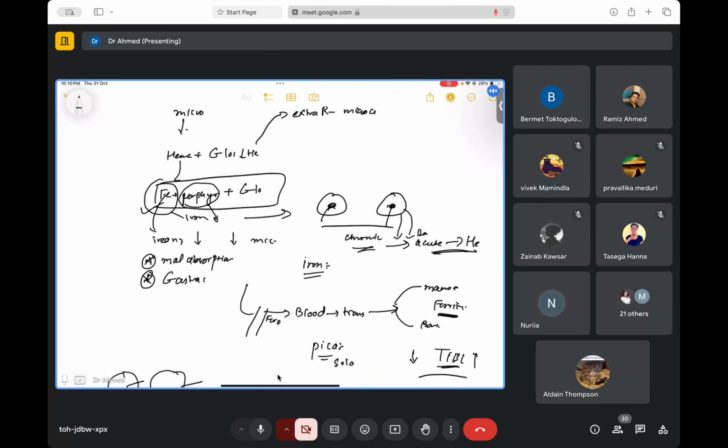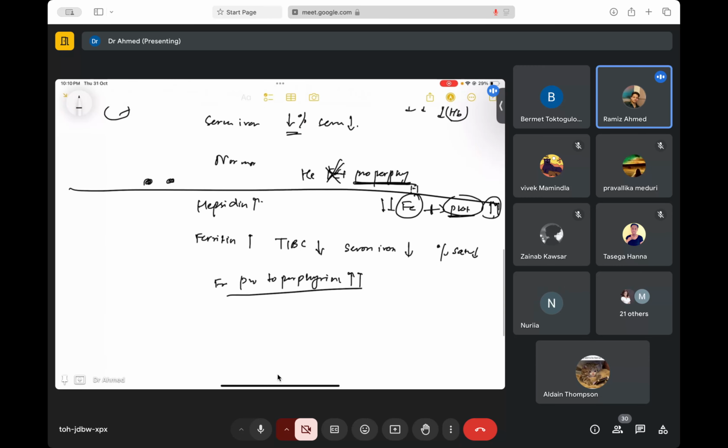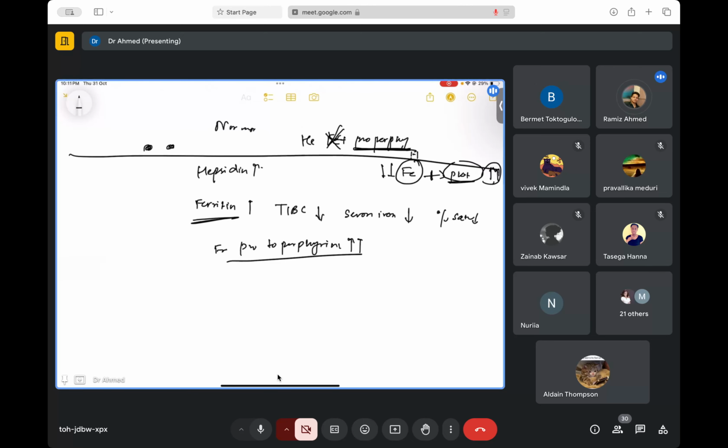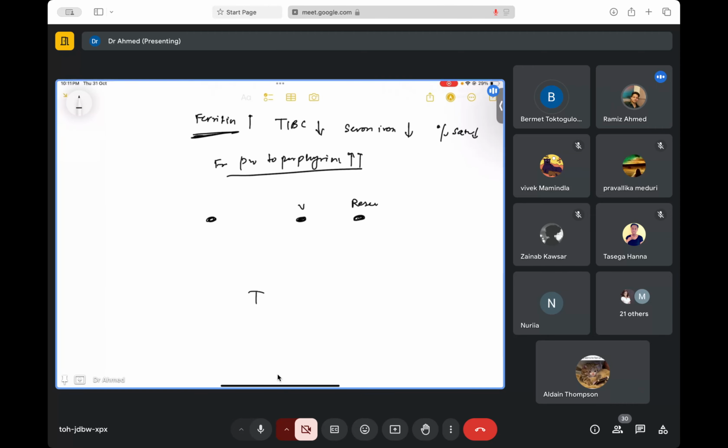Can you explain why TIBC will be low? Okay, these are your ferritin reservoirs, and these are your transferrin.